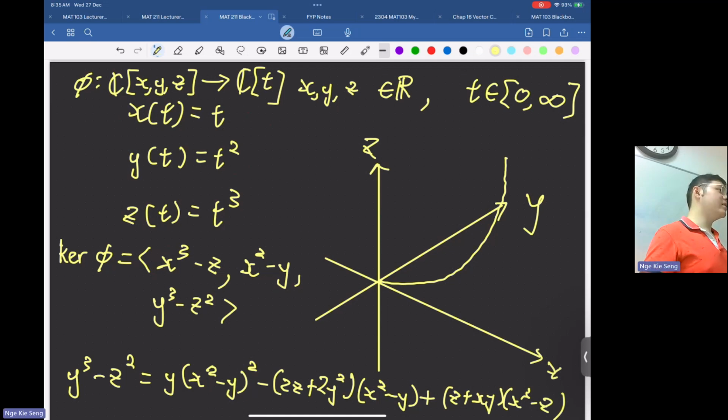But this is close to what we want. What do we want? We want y cubed minus z squared, but here we have zxy. So what's the difference? If I manage to show that zx and y squared are in the same class, then I can transform this into y cubed. So this is what I do: I show that zx minus y squared is some linear combination of x cubed minus z and x squared minus y.